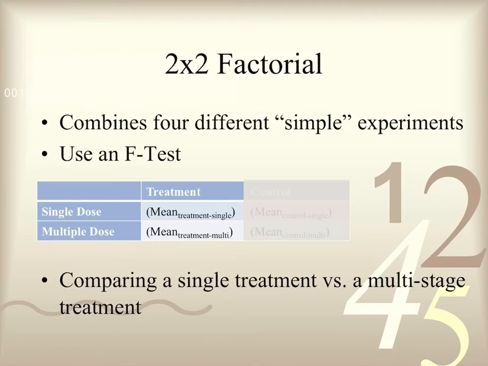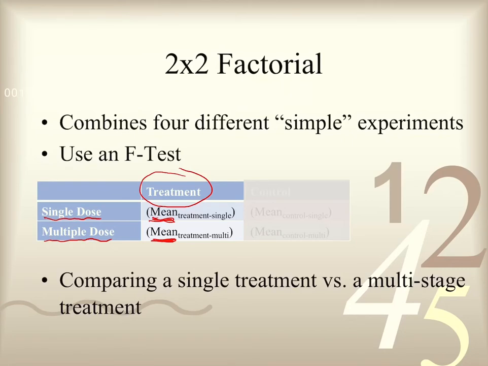So we can, for instance, in one study, look at what a single dose of a treatment does versus a multiple dose of a treatment. So here, all the participants are getting treatments, but some of them are getting single doses, some of them are getting multiple doses.